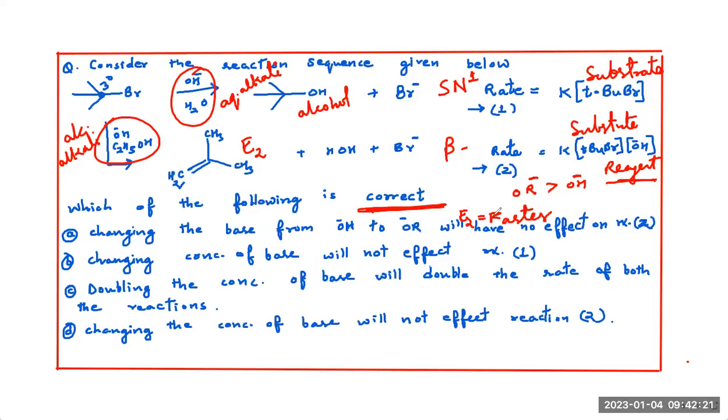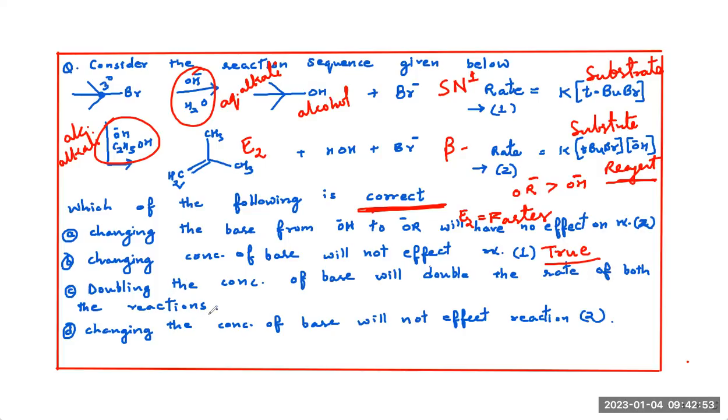Option B. Changing concentration of base will not affect reaction 1. That's true directly. Blindly, we can say it's true because SN1 is independent of the concentration of the reagent. Next, doubling the concentration of base will double the rate of both the reactions.